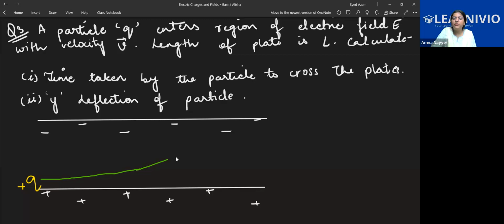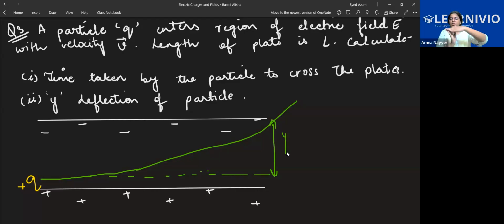So eventually it will move like this and go. This separation is the deflection. The original path was this and it is now like this. So what's this deflection? This is what the second part is asking.